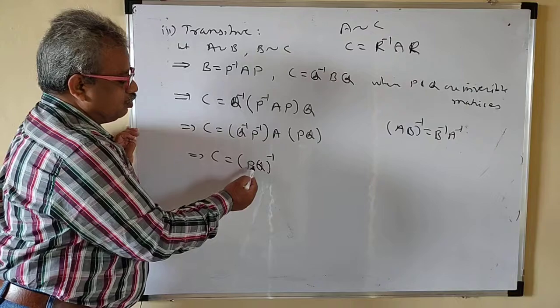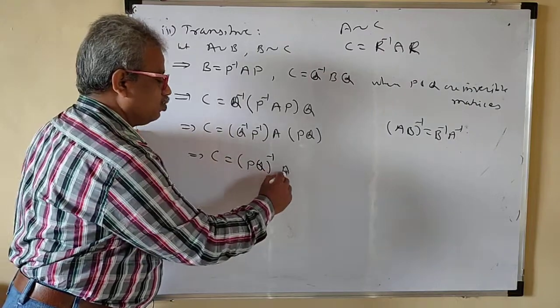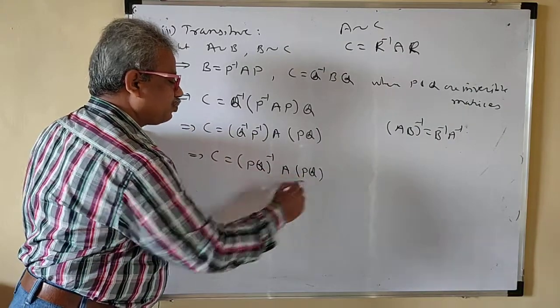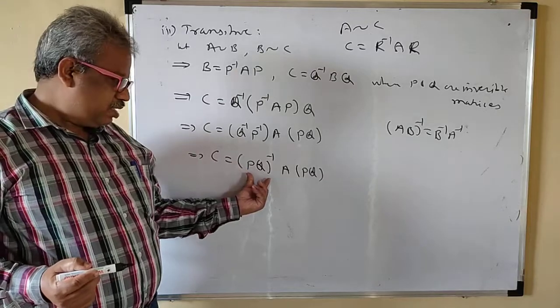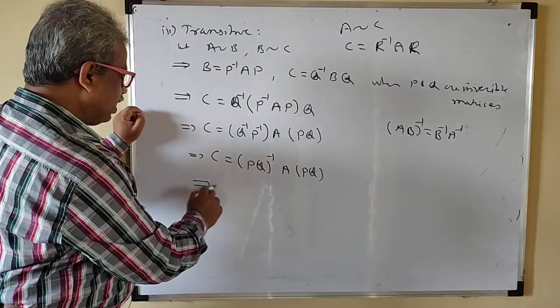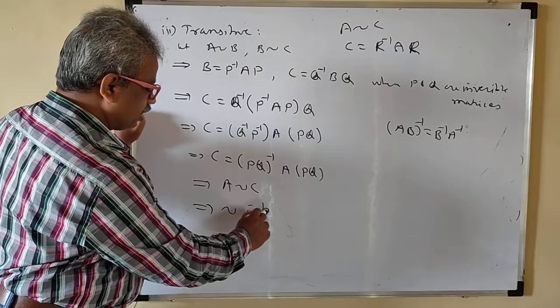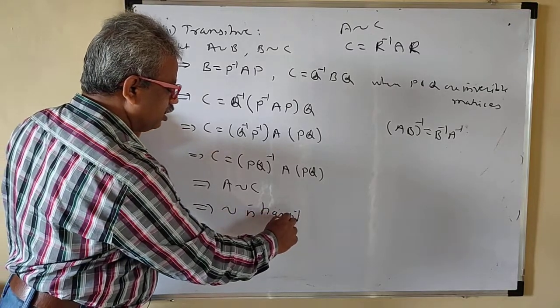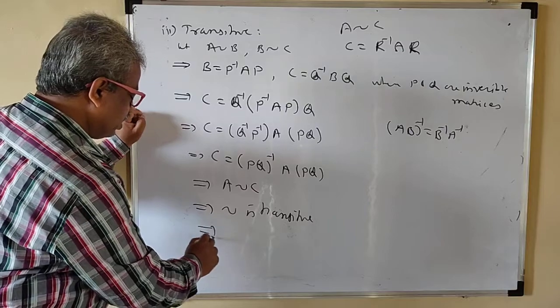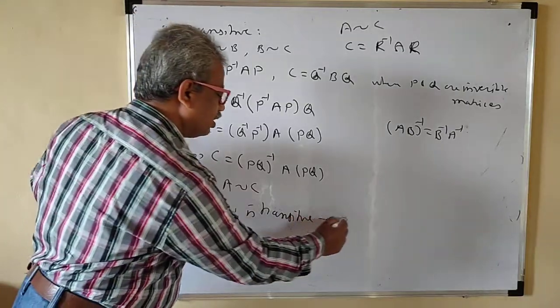So (PQ) inverse is Q inverse into P inverse, so C is PQ inverse A PQ. Now here your P is PQ. So what does this imply? That A is related to C, and this implies that the relation is transitive. I call this C now.